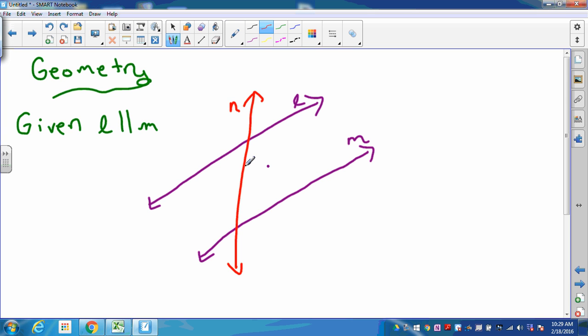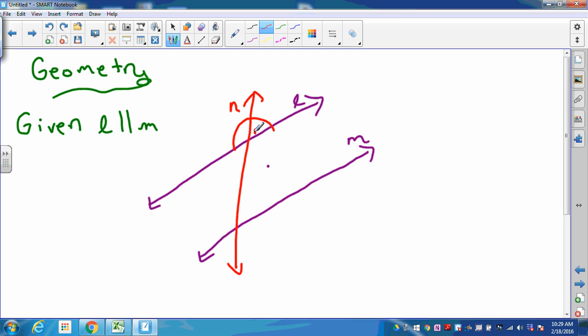Now, the next thing I want to show you is we're going to start applying some of our angle information here. Okay, so one of the things that you can hopefully just look at and understand, this angle here plus this angle over here is going to add up to 180 degrees.